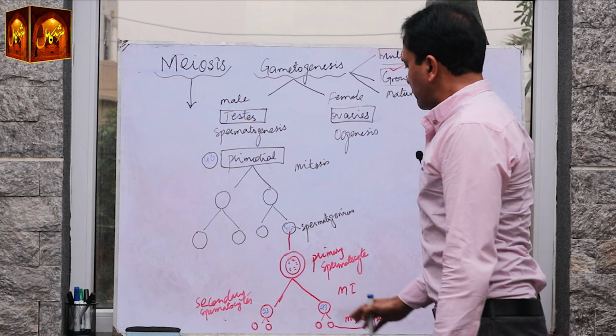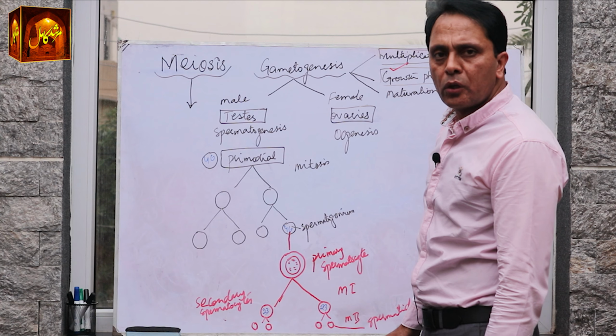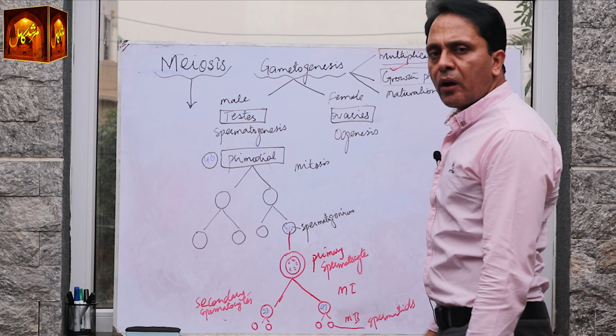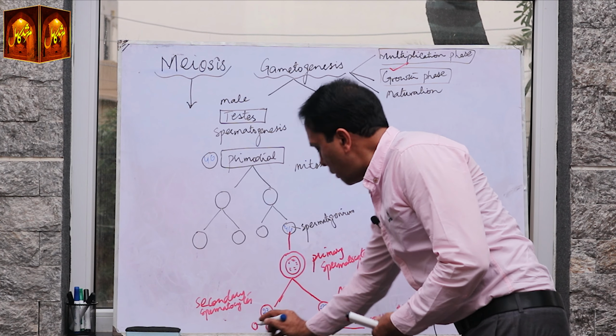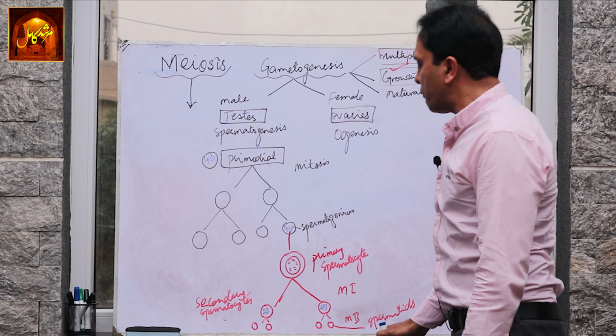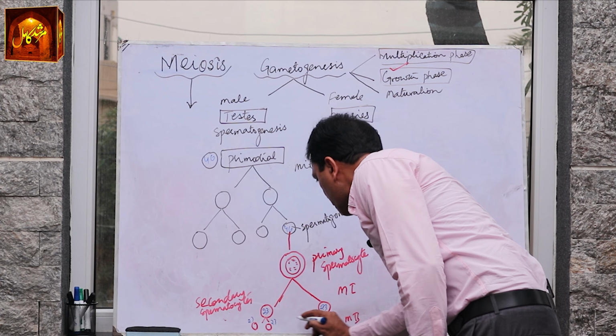All the 2 cells will have 23 chromosomes, half the number of chromosomes, and in the second meiotic division, resultantly 4 cells or 4 spermatids will be formed, and all will have the same number of chromosomes, 23.